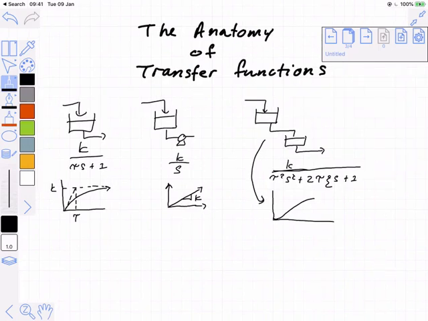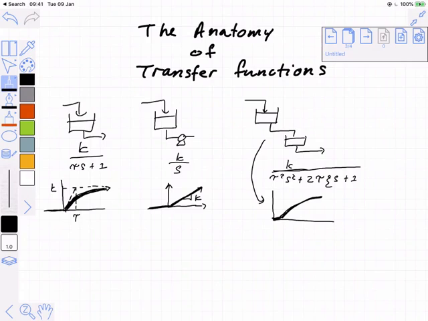So we assume all of these responses have been zero until the thing happened, right? So until we saw the change, they were zero all the time, and then they started changing in response to the input at time zero, right?